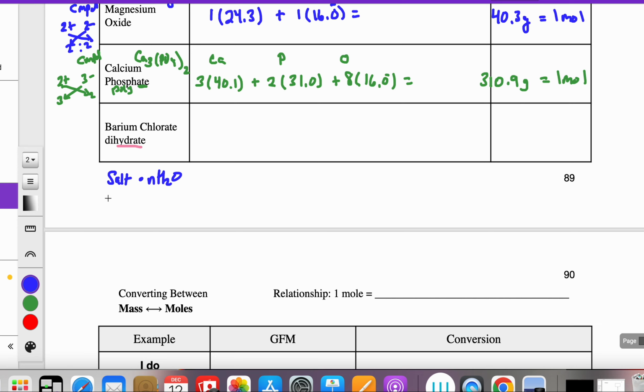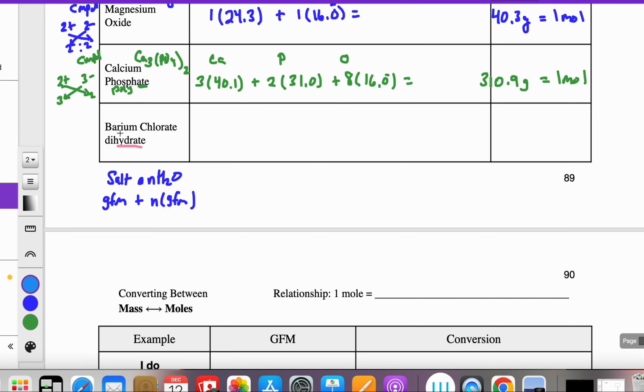It is the GFM of the salt plus N times the GFM of the water. This is not multiplication. It's the salt, big fat dot, which means it is surrounded by a certain number of water molecules. So I'm going to deal with the salt here.